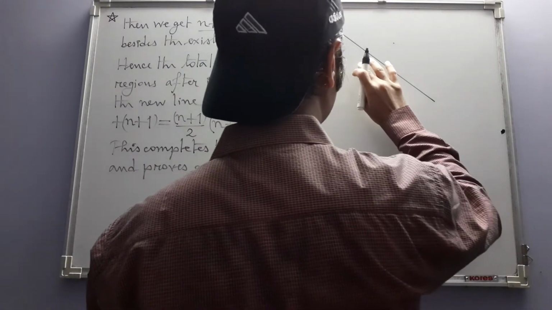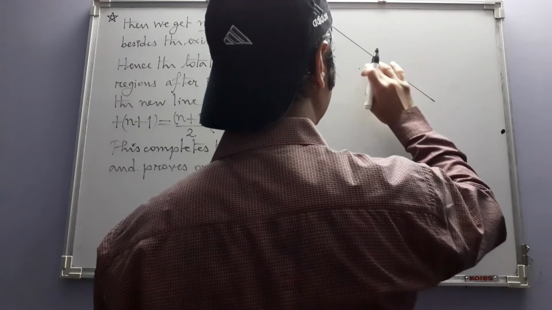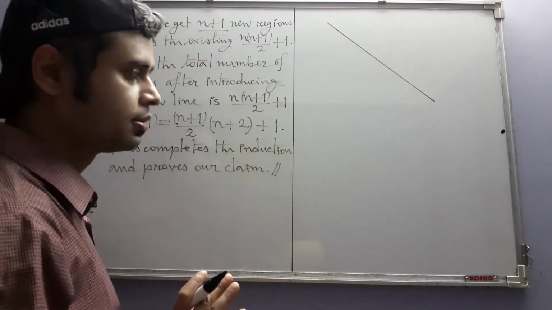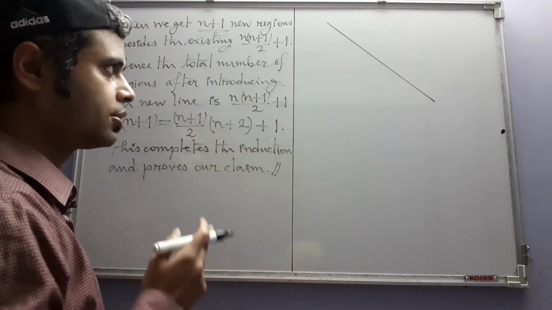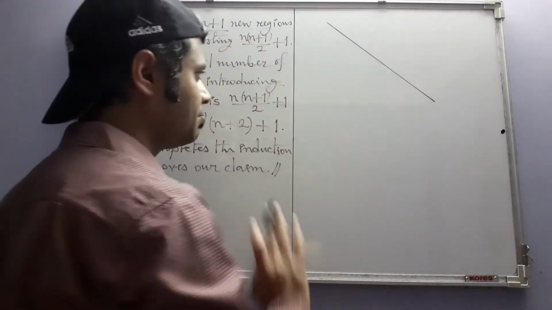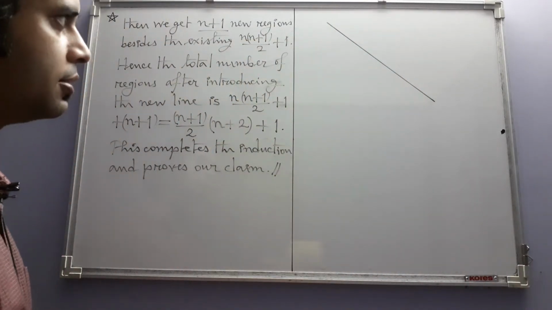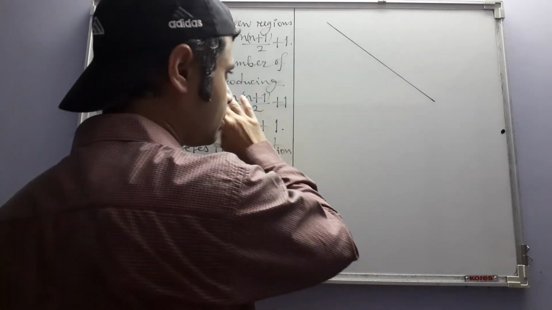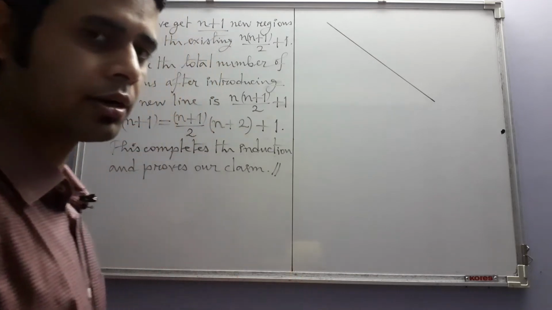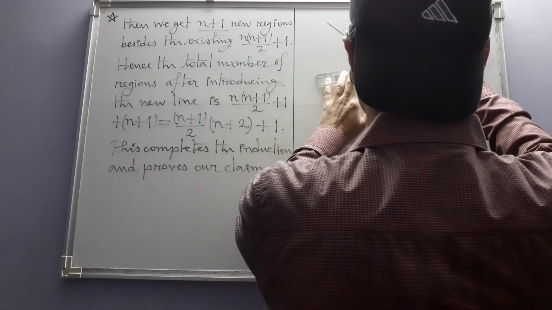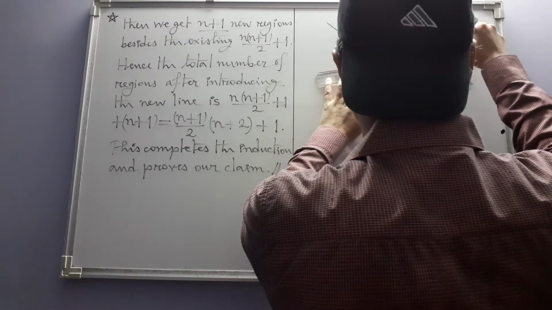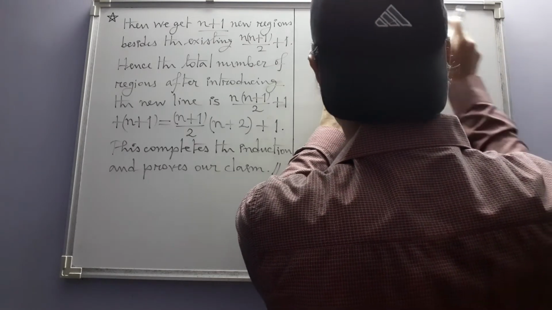Now the next stage is to keep in mind that we now have two regions. Then in the next step we are going to introduce one new line which will not be parallel to this. That means no matter how we draw this new line, these two will intersect somewhere. So let's make them intersect here itself, the part of our plane, that is the plane of the board that we can see.